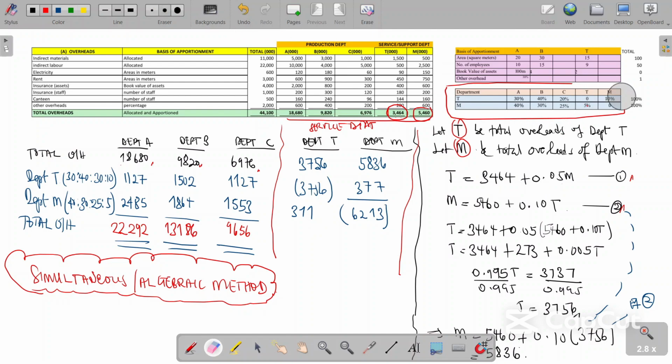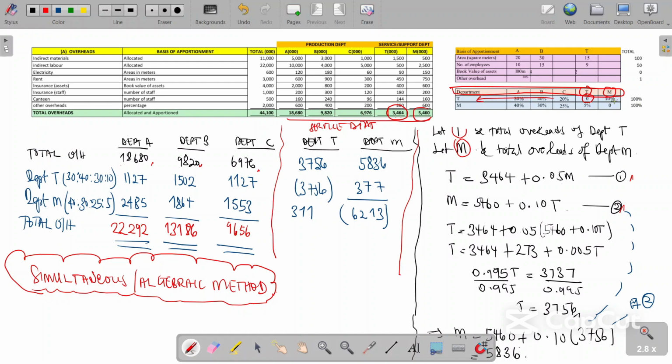This side is of utmost importance, so please pay attention here. If you check the top, you see the departments: department T here and department M here. It shows that department T cannot provide services for itself, so it's 0 over here. It is providing service for other departments.